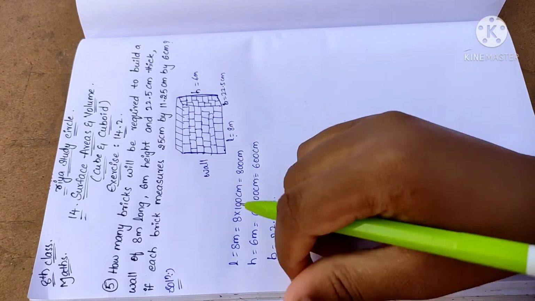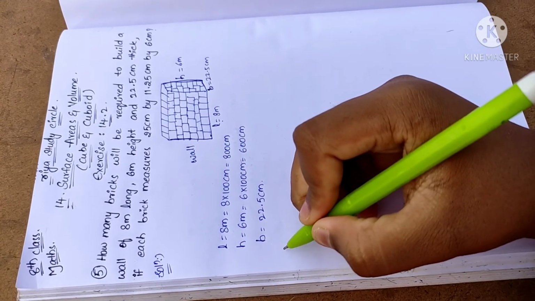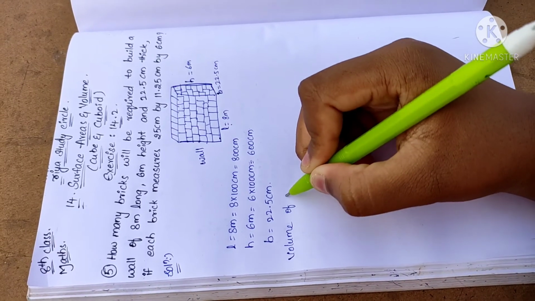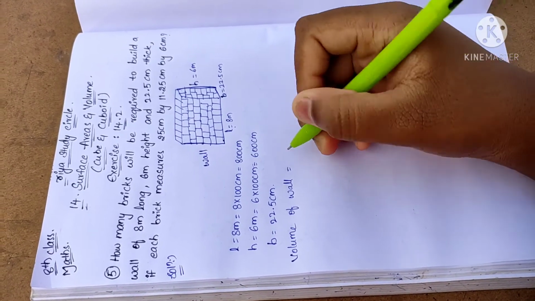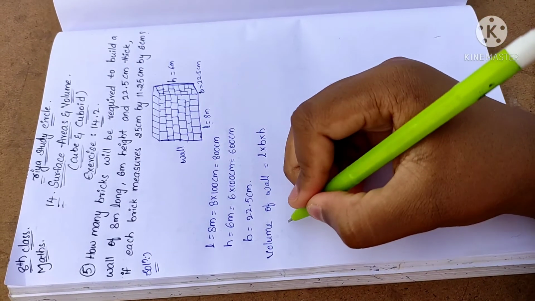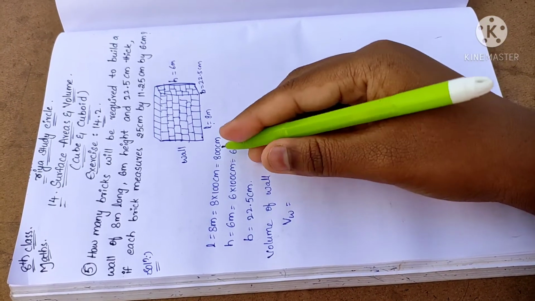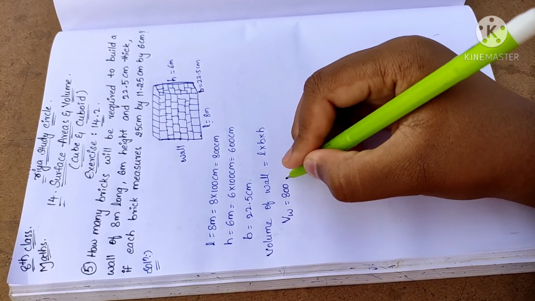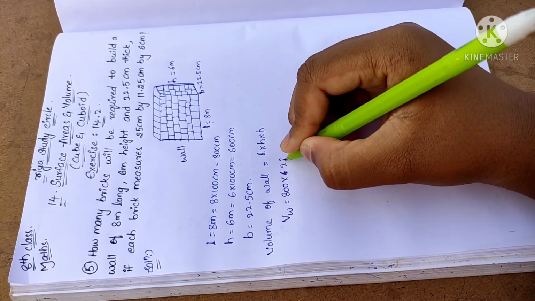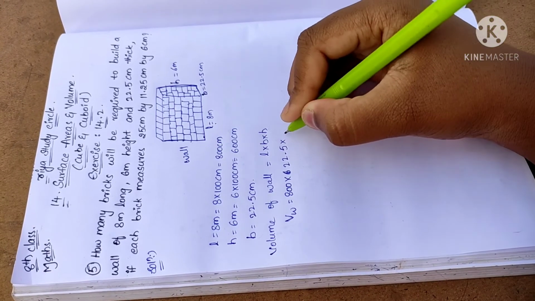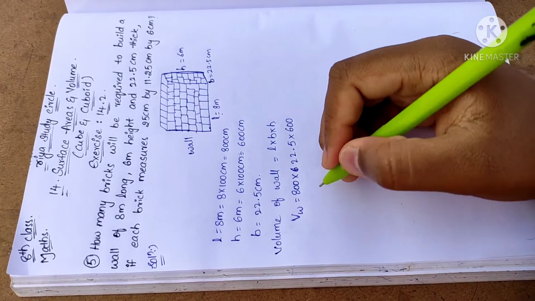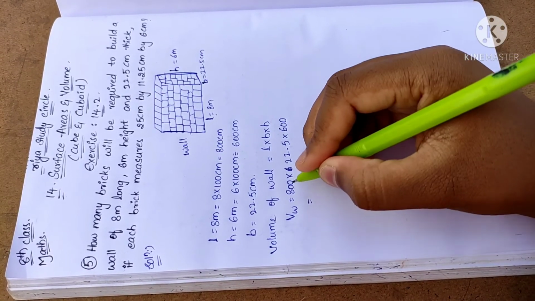So here we have to find the total volume of the wall. So volume of the wall formula is equal to length into breadth into height. So here volume of the wall equal to length is 800 centimeters into breadth 22.5 centimeters into height is 600 centimeters. So firstly we have to multiply 800 into 600.